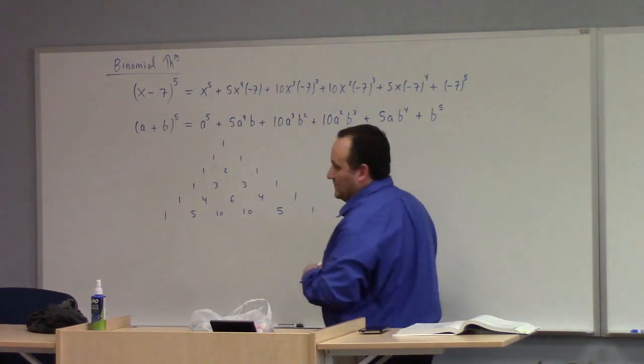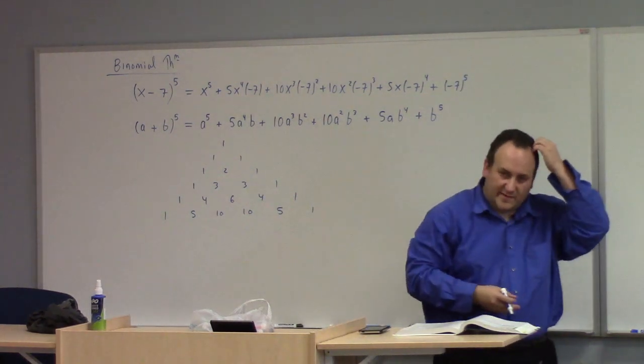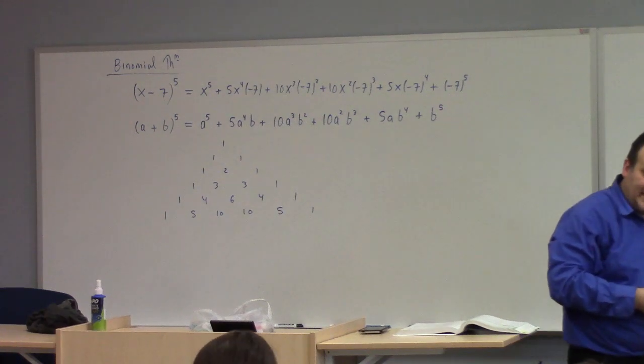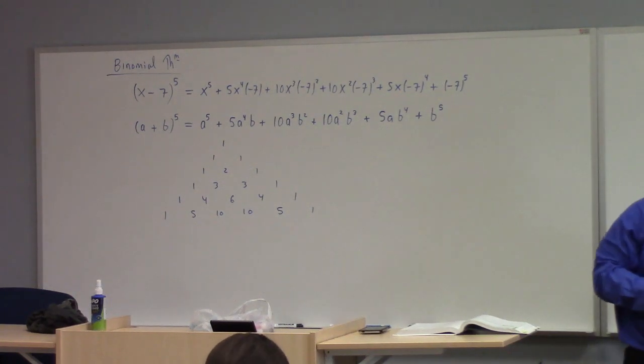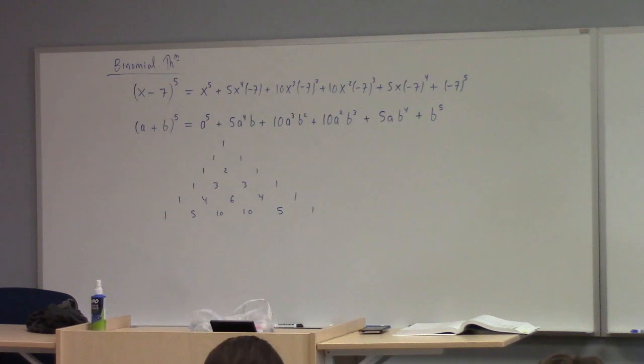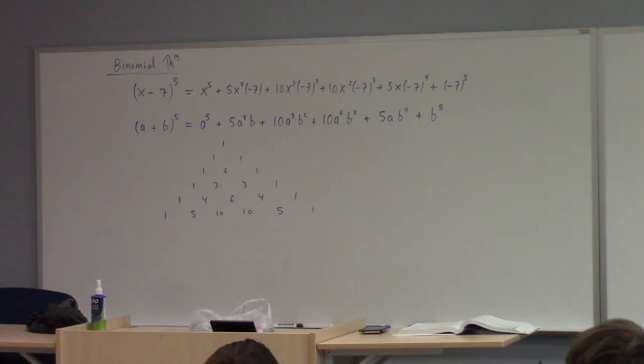Your homework problem is pretty much the same, except instead of 7, you got 3, and of course you want to clean it up. Put the numbers in your calculator and put it in standard form, and that's it. Did the question just say to expand using binomial theorem? Yeah, that's it. Just clean it up.